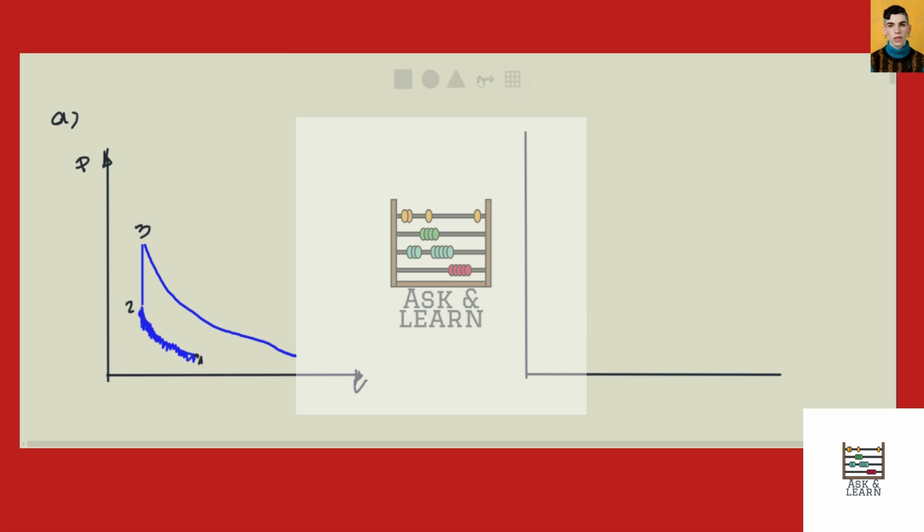And the final process is a process with constant pressure, which is going to be this one. This is just the point 4. And here we have the isentropic curve. So this is the PV diagram.